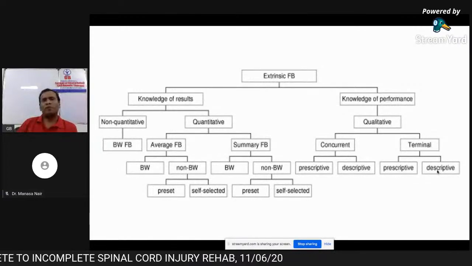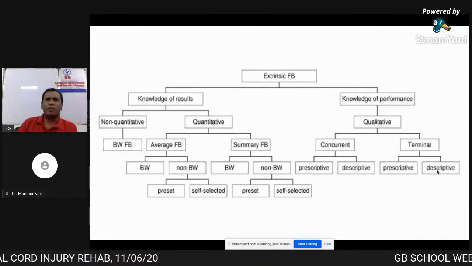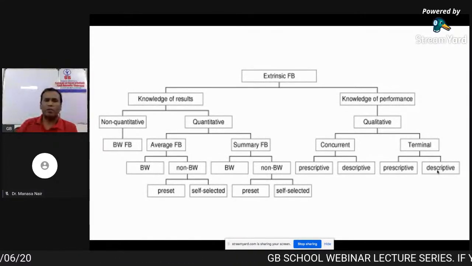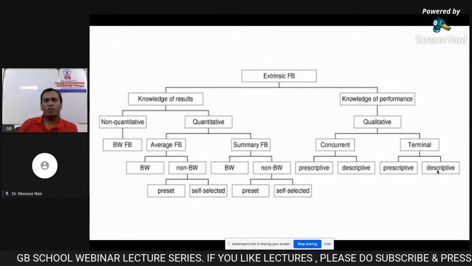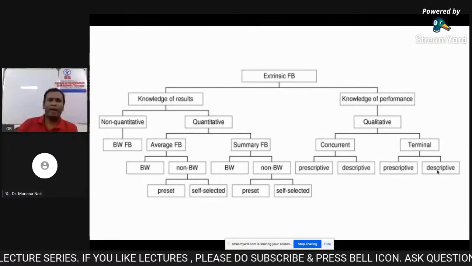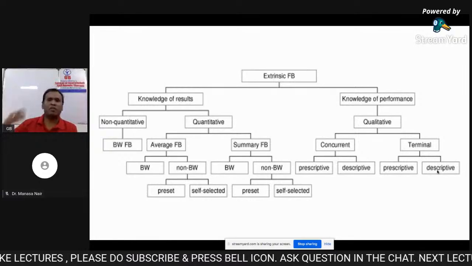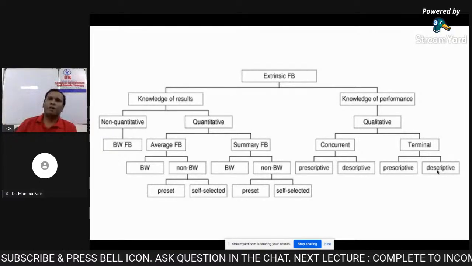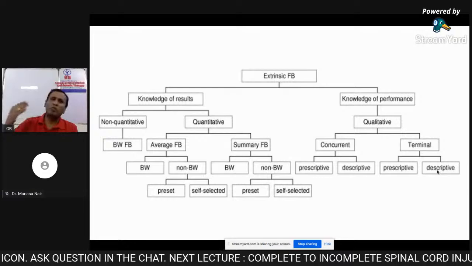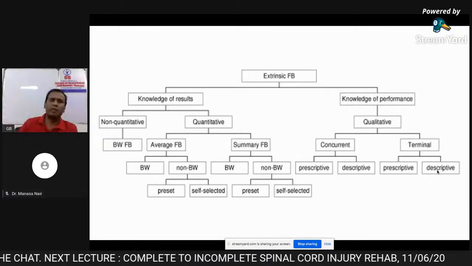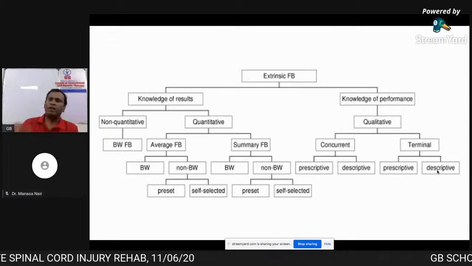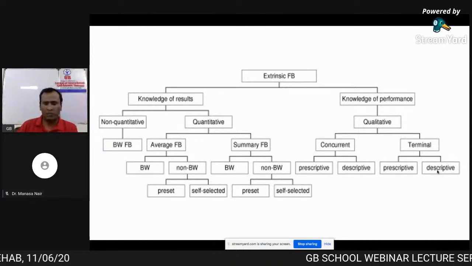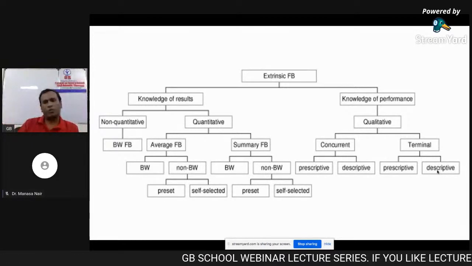Same in our patients also. Suppose we take the example of gait training, and you are teaching him to walk. Instead of saying that you did good or bad, or you did too much circumduction or too much flexion, you can say descriptively, I wanted you to flex around 30 or 20 degrees, but you could only flex 10 degrees, or there was less flexion or more extension, and this is what you could have done.